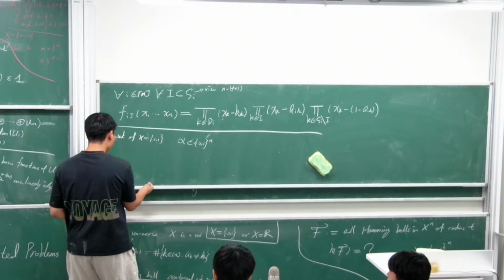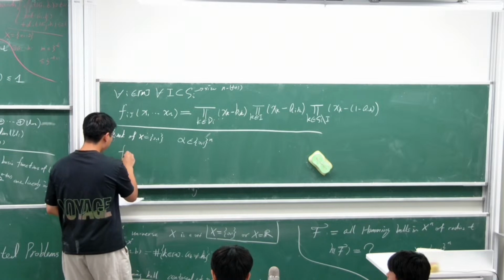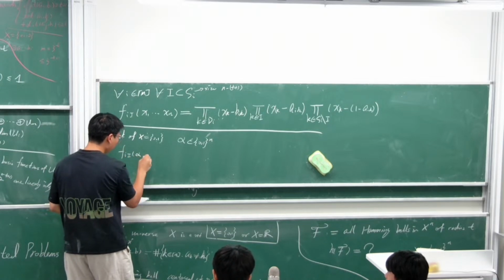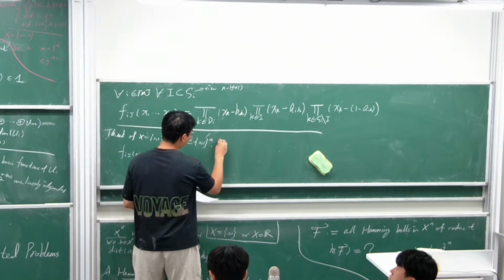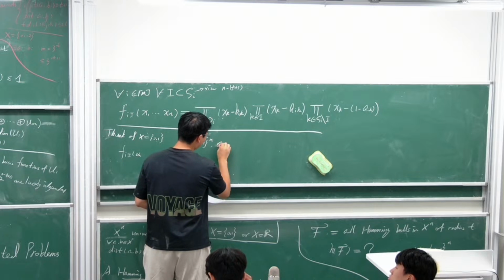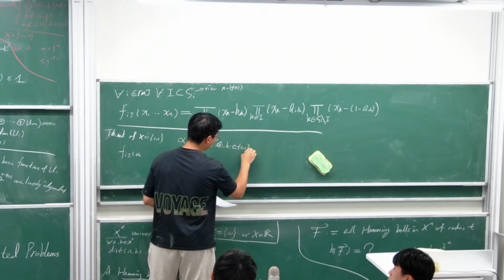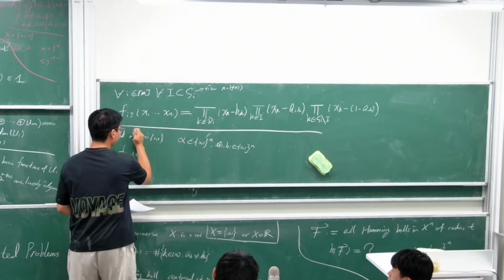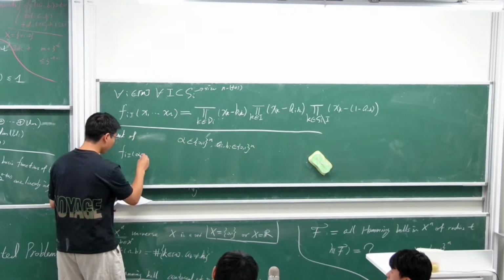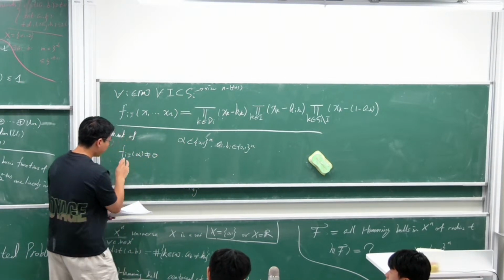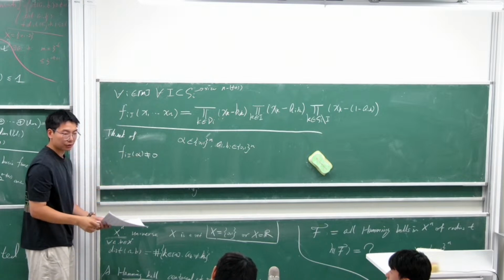Now, what does it mean for f_I,i(alpha) to be not 0?